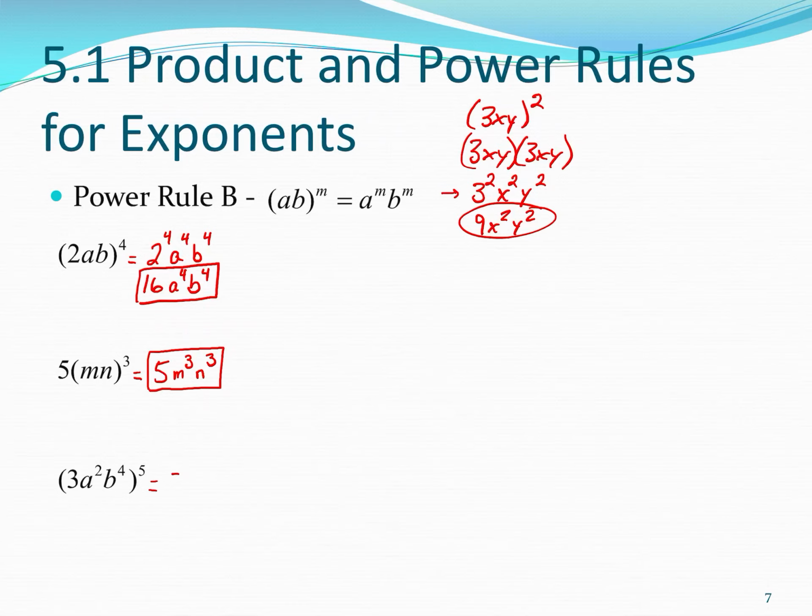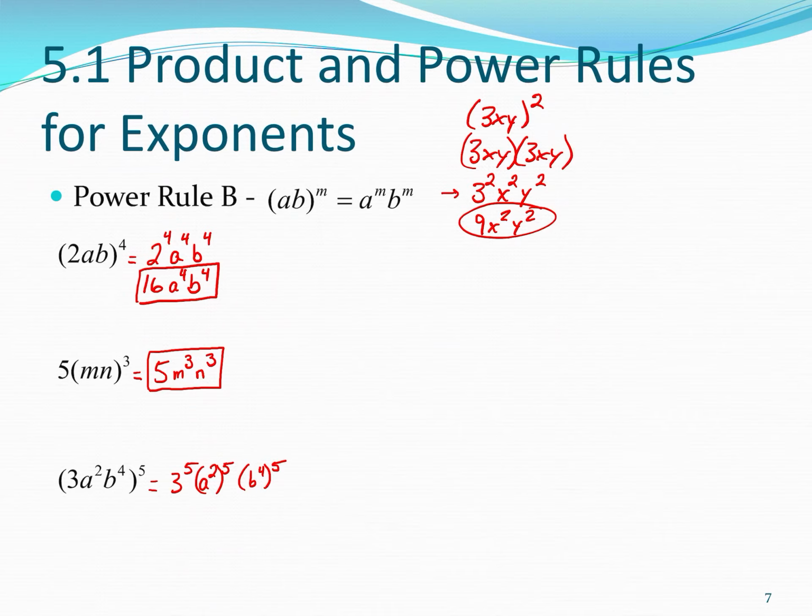Now, look at this last one, because it is a little bit different. On this one, we have this power of 5 that goes to everything. So 3 is going to get the 5th power. A squared is going to get the 5th power. We'll talk about that in a second. b to the fourth is going to get the fifth power also.